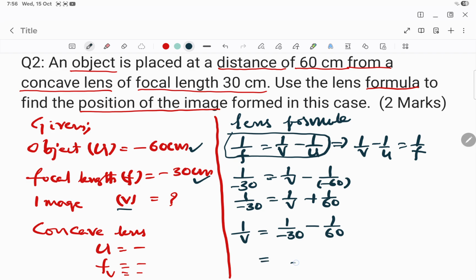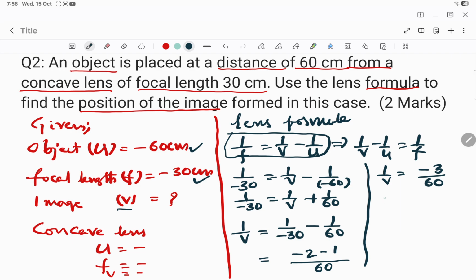Now let's take the LCM, which is 60. 30 goes 2 times in 60 and 60 goes 1 time. So 1 by v is equal to minus 3 by 60.